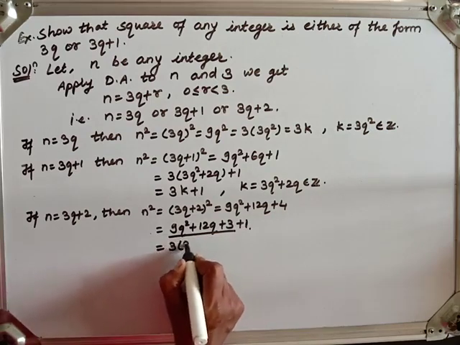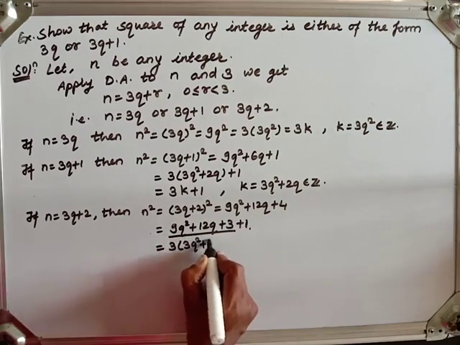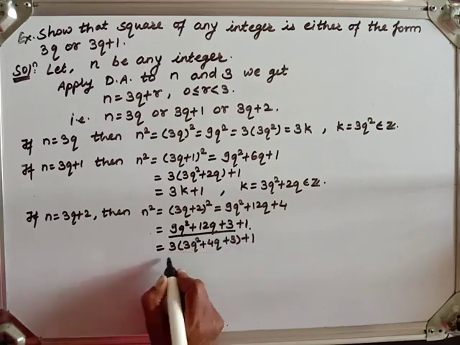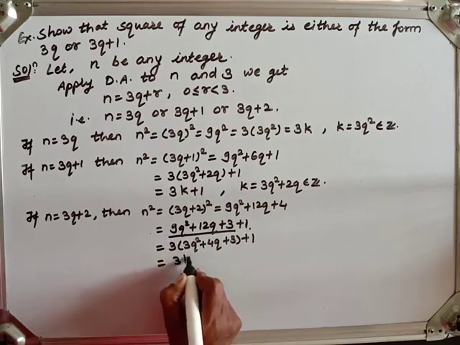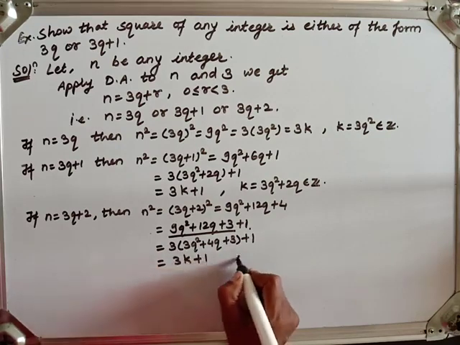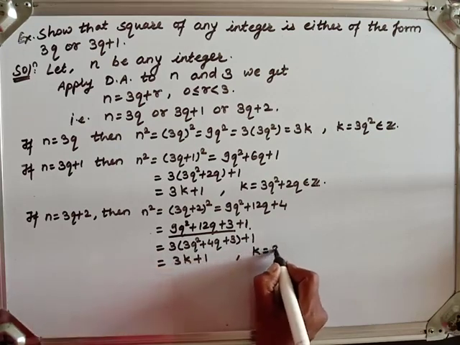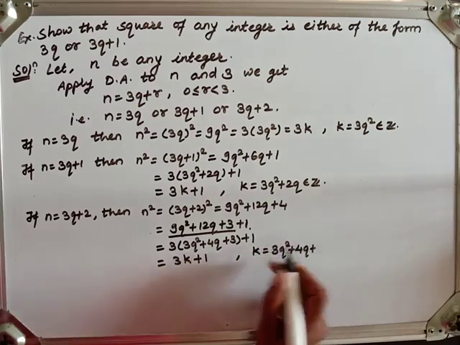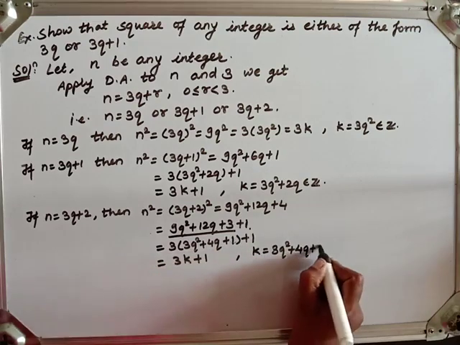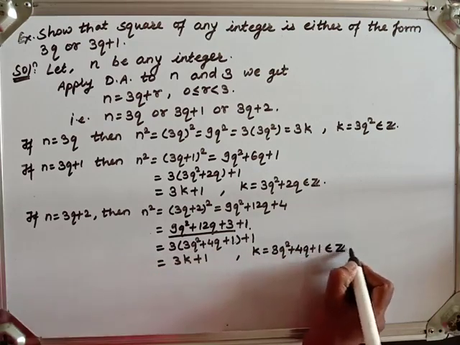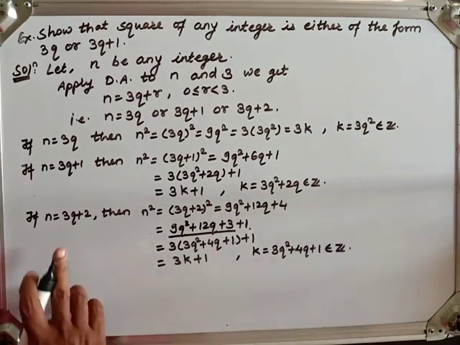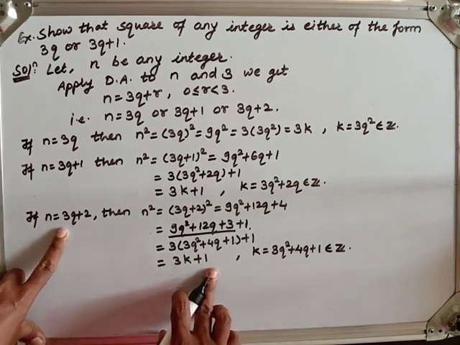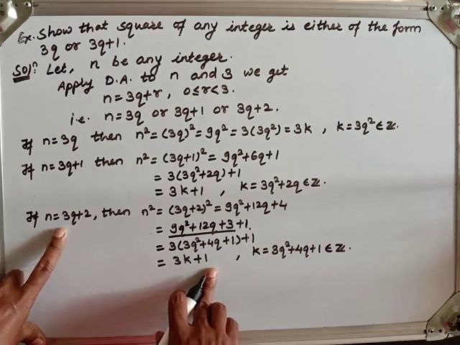So we get 3 into (3q square plus 4q plus 1) plus 1. Now again it can be written as 3k plus 1, where k is 3q square plus 4q plus 1. This is an integer.